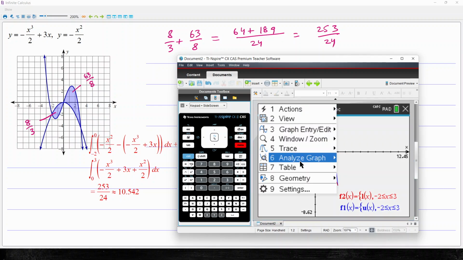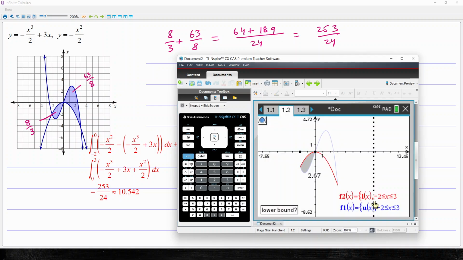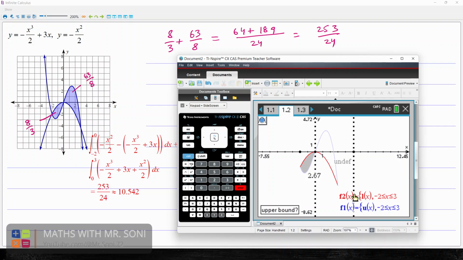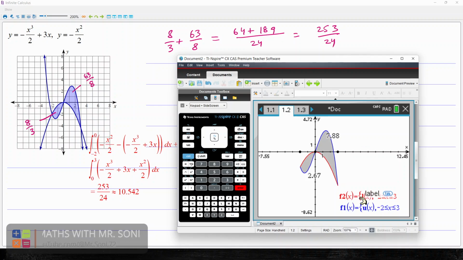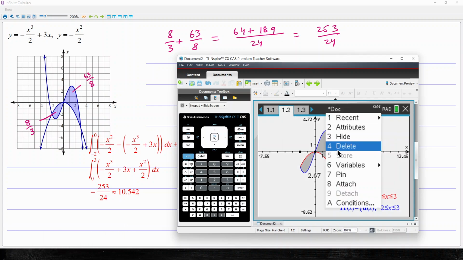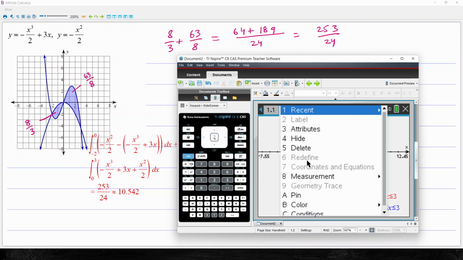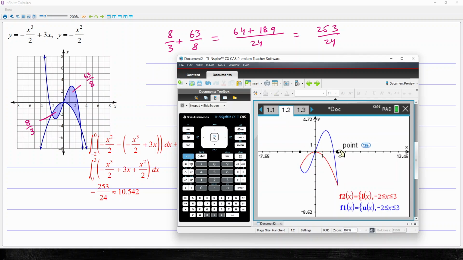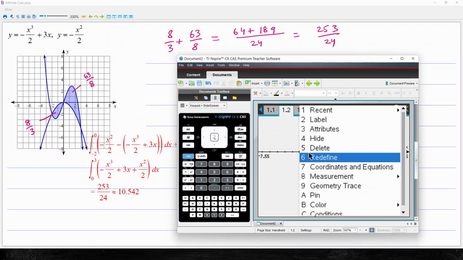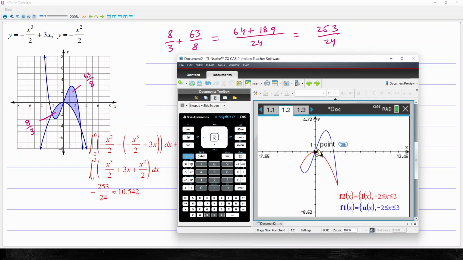Now we use the command again. So menu, analyze graph, bounded area, and we press 0, 2, 3. And we get the area of 7.88 and then we can join them together. Now let's see if we can get this bounded area in just one step.